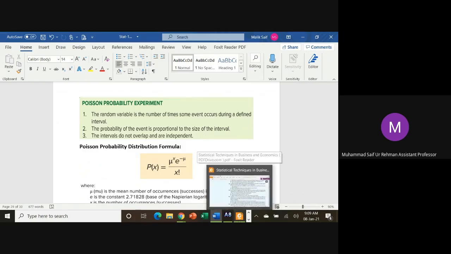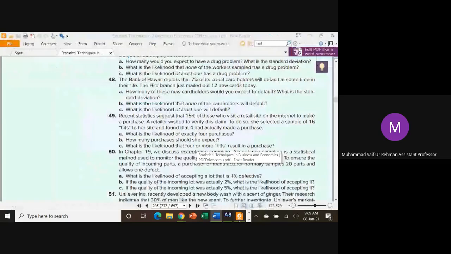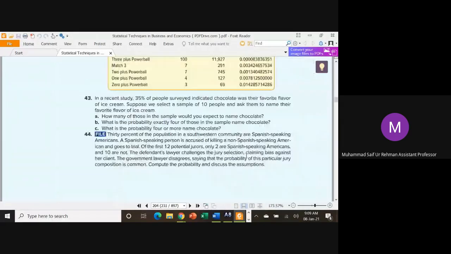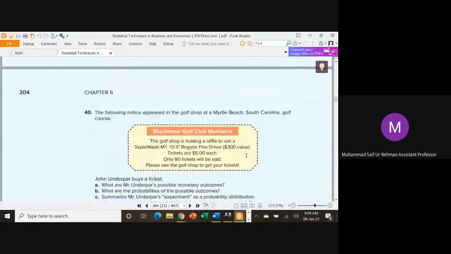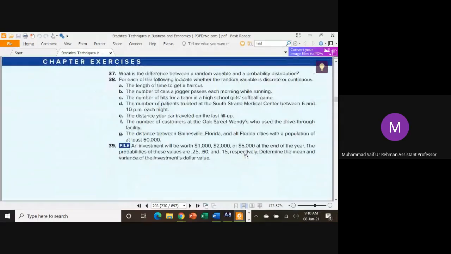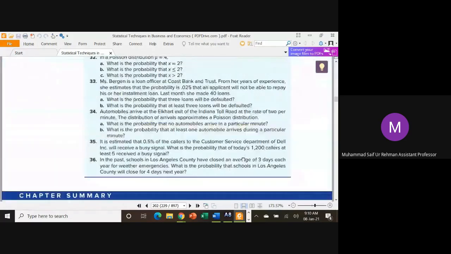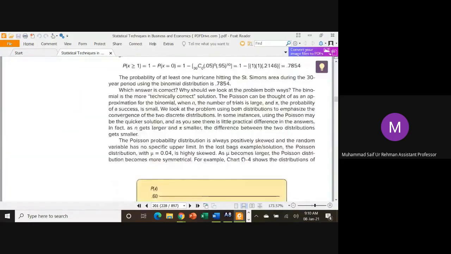Fine. So independent events are there, because if events or outcomes are dependent, then we normally use hypergeometric probability distribution. But in case independent events are there, then we use binomial probability distribution or the Poisson probability distribution.